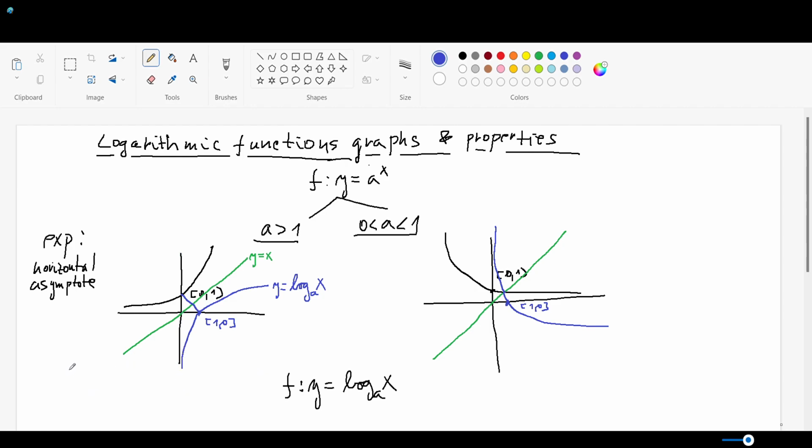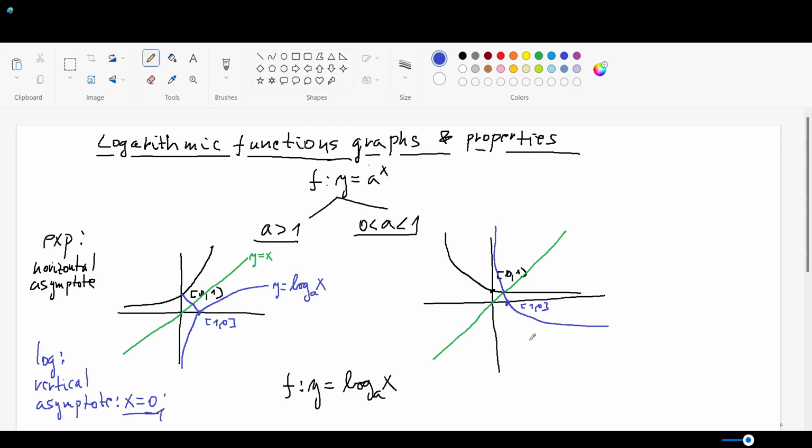So for the logarithmic function we have the vertical asymptote, which is defined by the equation x is equal to 0.